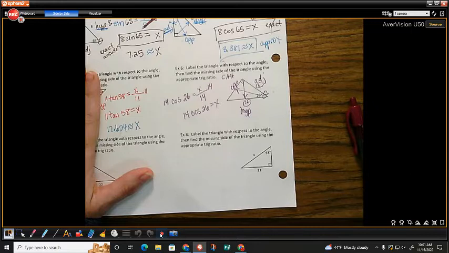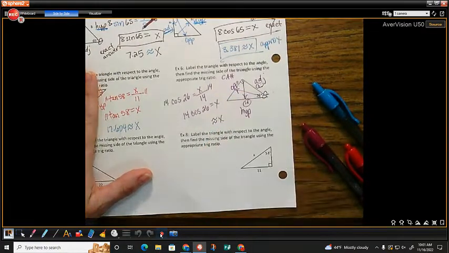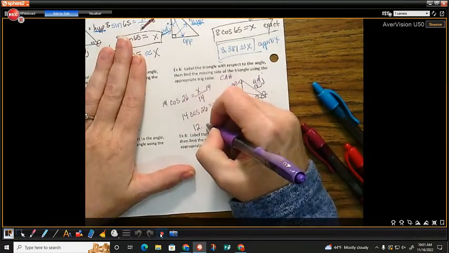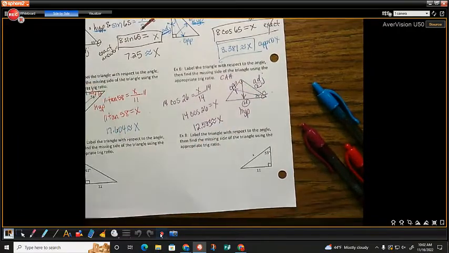Did I get it right? Okay, and then what's the approximate answer going to be? Asking your brilliant calculators. 12.83. No, 12.583. 12.583-ish.